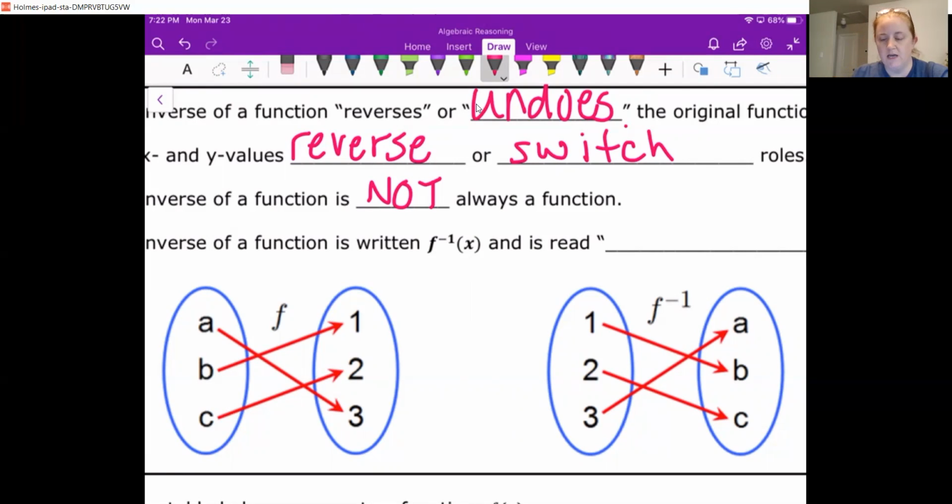So when we see the cursive f to the -1, it's not actually an exponent, because remember that cursive bold F is labeling what table you're looking at. So the -1 next to a label is how we denote an inverse. Just keep in mind, it's not F to the -1 power. This is read F inverse, or the inverse of the F table, or F mapping like we have here below.